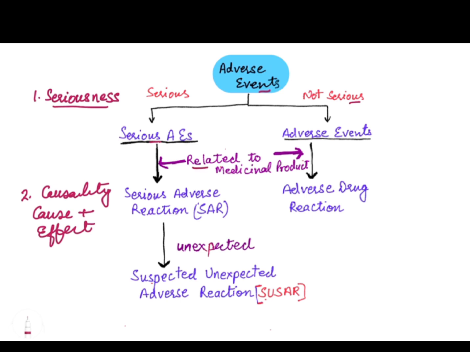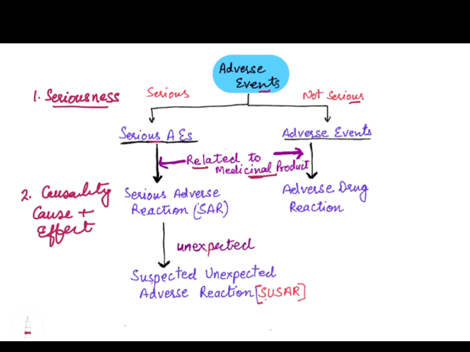If this serious adverse event, this accident, when the medical monitor or the investigator analyzed, they found that there is a possibility that because of this medicinal product, the person's ability to think clearly has been impacted or vision has been blurred. So that is just a suspicion, that means it may be because of the medicinal product.